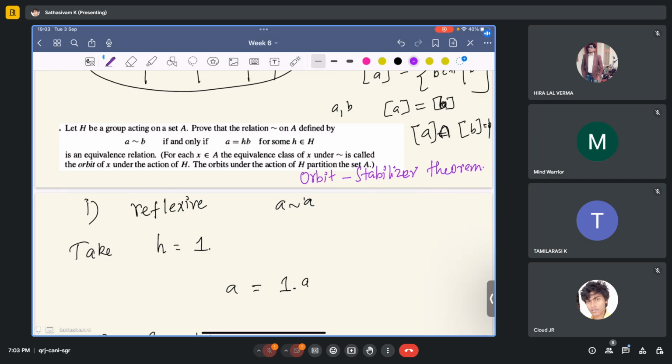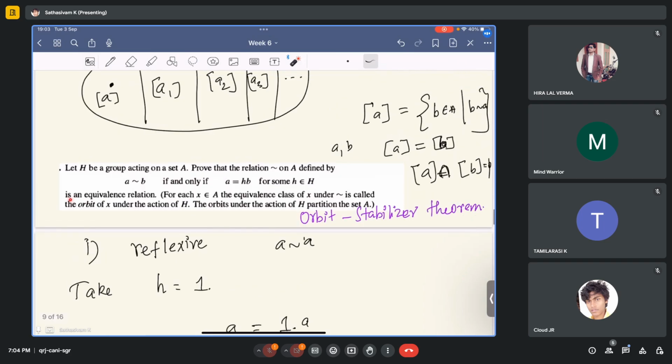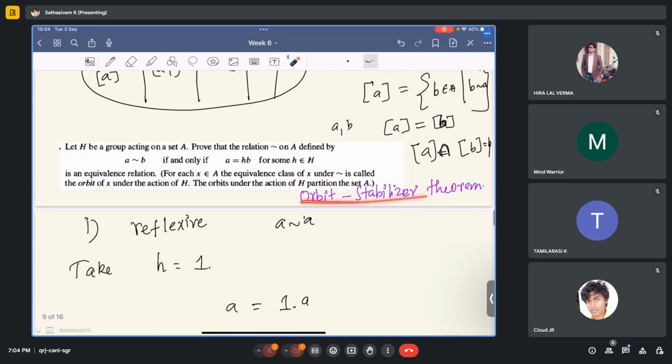If you don't, I would say this is one of the very interesting theorems, and you can check it out if you are not doing the course. It will come later, but for that I'm just defining this. We will directly use this kind of thing at that time. So in that sense, we care about orbits.